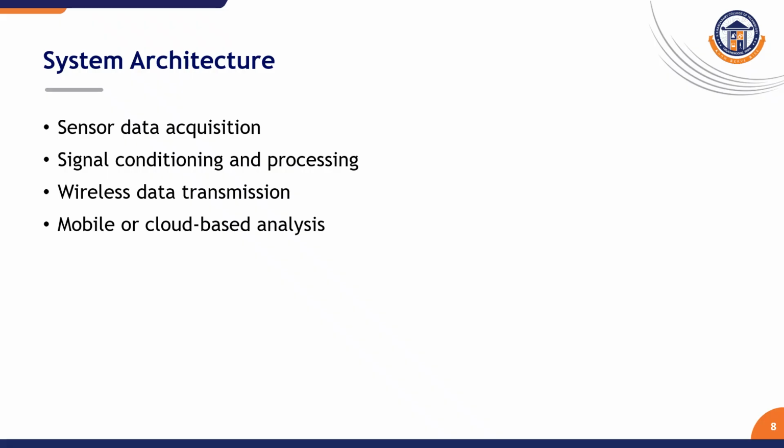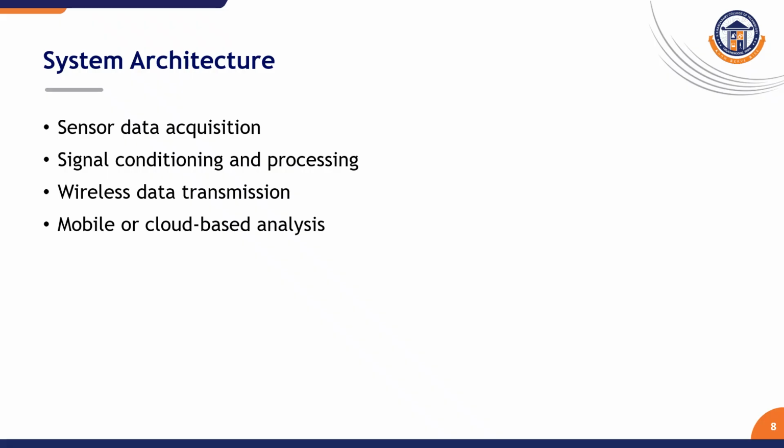Now the system architecture for biomedical applications. The first part is the sensor, which is used for data acquisition, then signal conditioning and processing of signals, and the processed data is transmitted wirelessly.